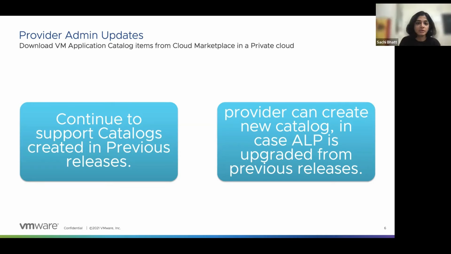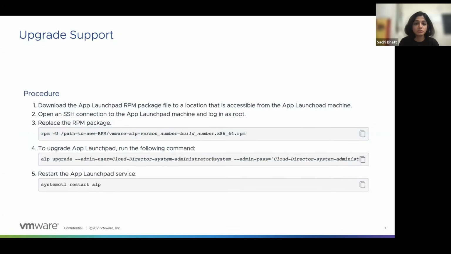And next one is the upgrade support. So now ALP user can upgrade App Launchpad extension by using the ALP upgrade command.